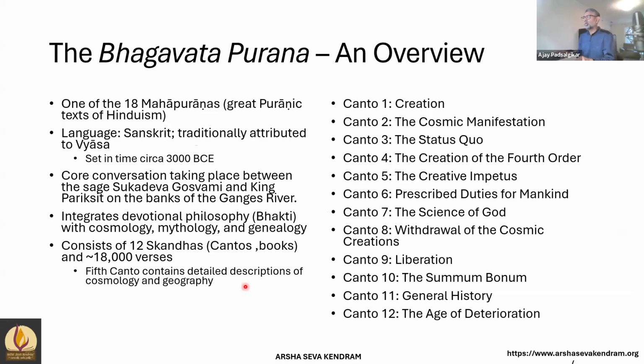So now coming on to the Bhagavata Purāṇa as well. It is one of the 18 Mahapuranas. Something that you probably have heard of is Vishnu Purana, Garuda Purana, Narada Purana, Padma Purana, and so on. They are typically the Vaishnavite texts.